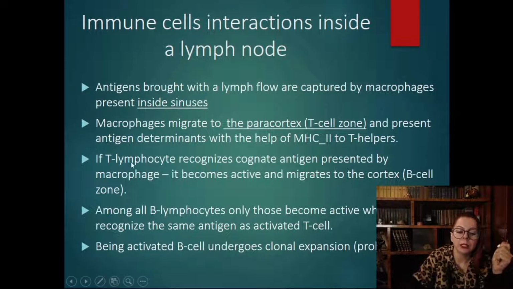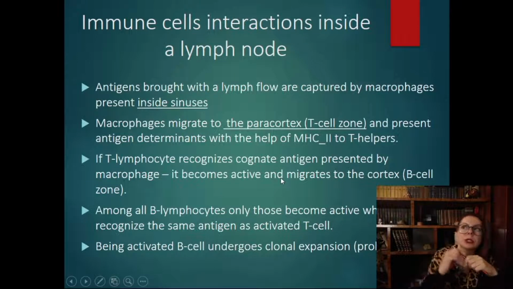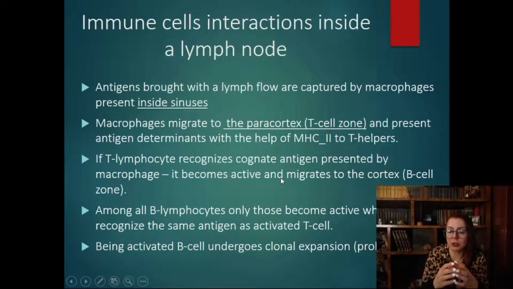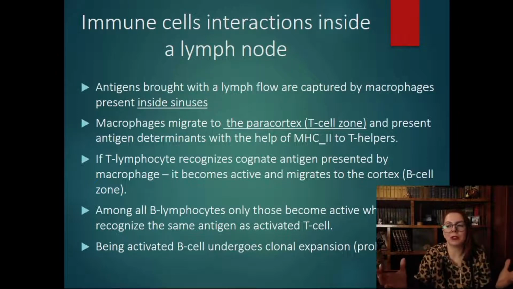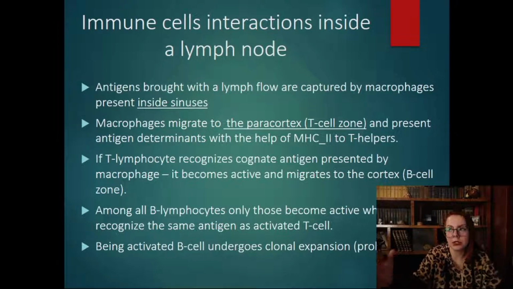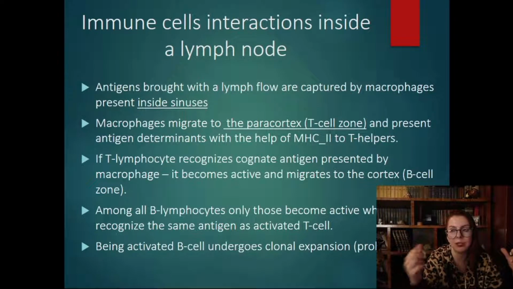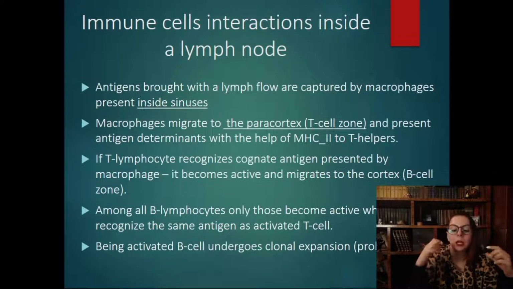Okay, in case the proper T lymphocyte is found, if the T lymphocyte recognizes its cognate antigen, it becomes active and migrates to the cortex. What does it mean, it becomes active? If the proper T cell is found, it undergoes multiplication processes, proliferates, and gives rise to many T cells with the same receptor against the same antigen.